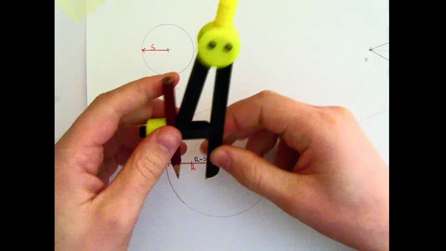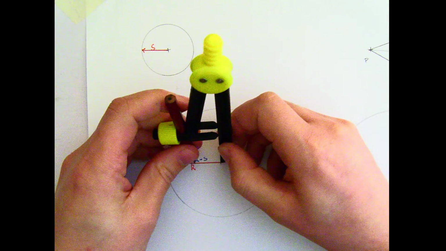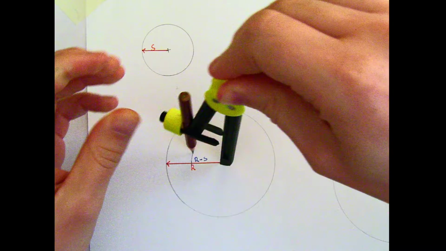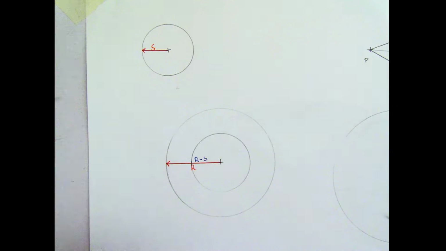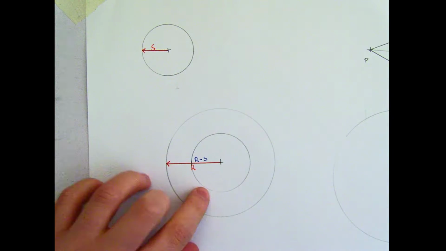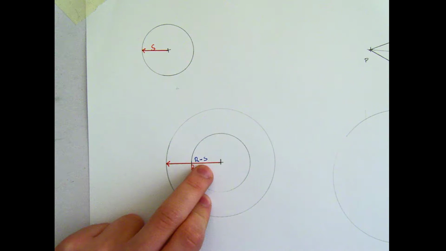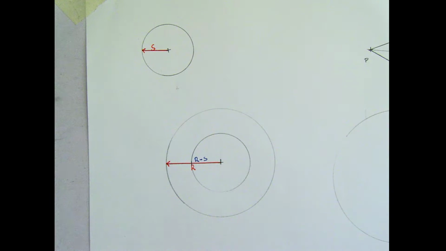So now I can draw a circle that is that big, and now I have a point and a smaller circle with radius r minus s. So the big radius minus the small radius.